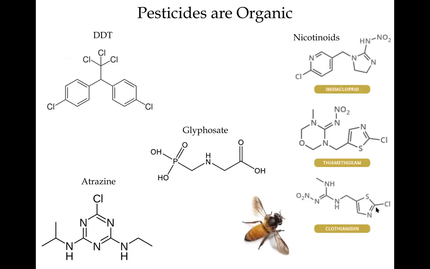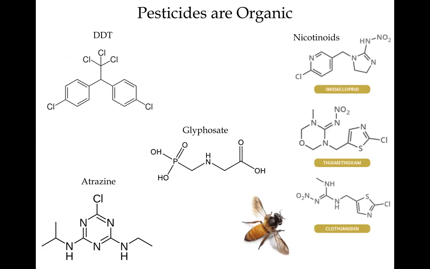Interestingly, what we think of as being organic, so our foods that are organic, they're organic because they are free of certain pesticides. But by chemical definition of organic, most pesticides are organic, okay?